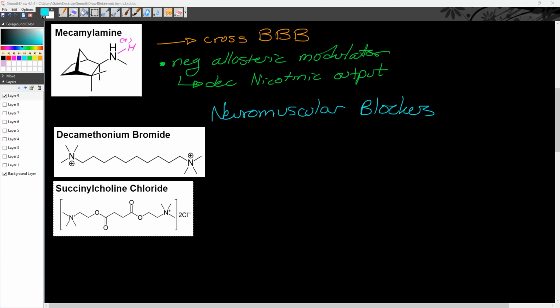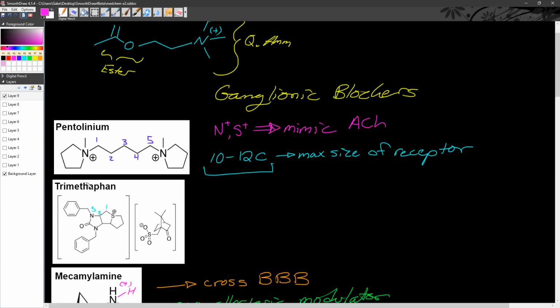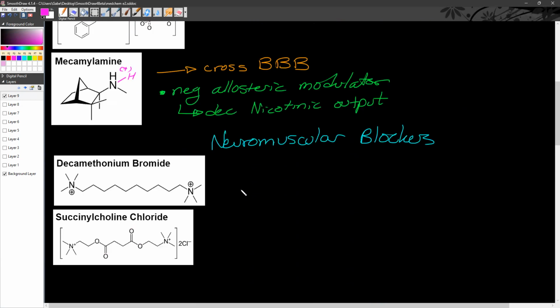The first two drugs that we're going to look at are decamethonium bromide and succinylcholine chloride. What you'll notice, first of all, is that decamethonium mimics our structure of pentalinium up above, and it comes from the same family of drugs, except now we have hit that sweet spot of 10 carbons.